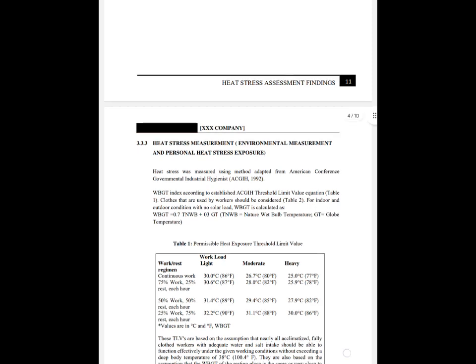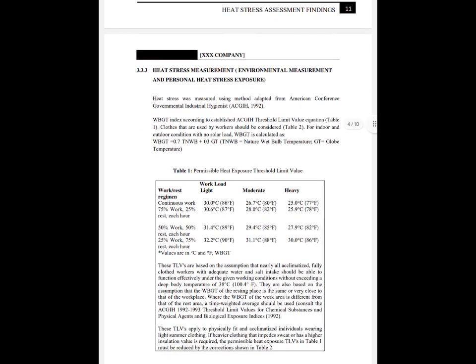Okay, so here in table 1, they give us the table that they will use in determining the WBGT index, where table 1 is the permissible heat exposure TLV, which later on will be used based on the work or rest regimens of the employee exposed.